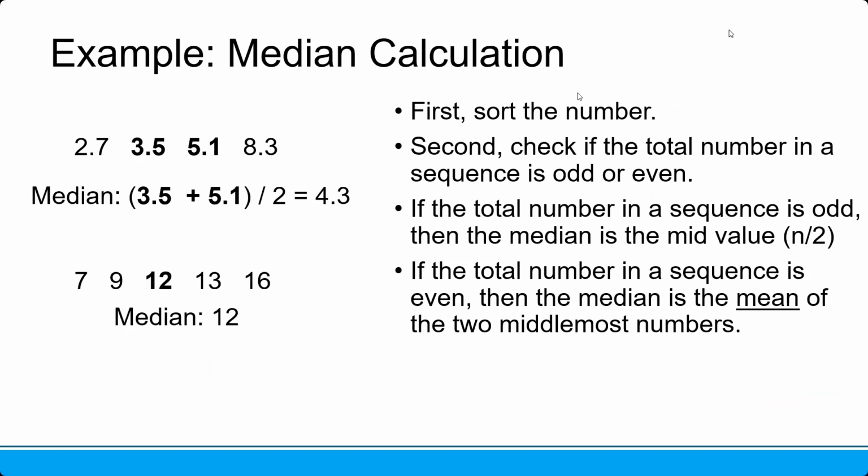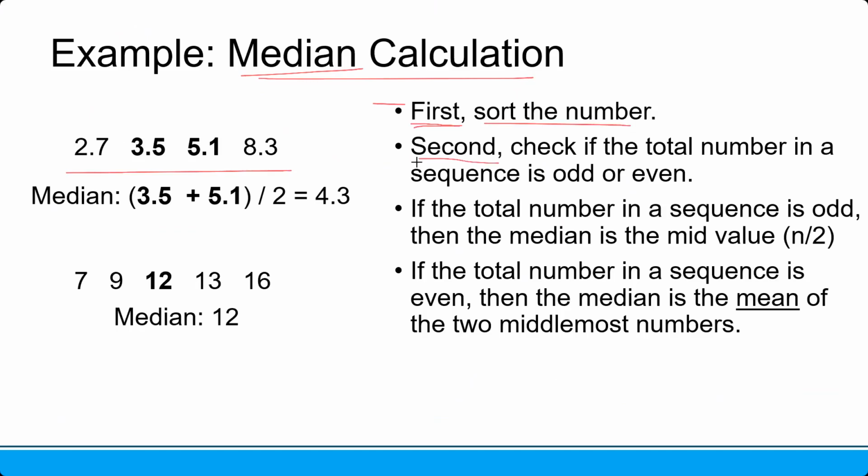For example, I want to make a calculator, and the calculator is to calculate the median. You know, median. In statistics, we have median. And the way to do this median calculation, there are some steps. The first step, second step, and so on. The first step, if I have this kind of numbers, I need to sort the numbers.